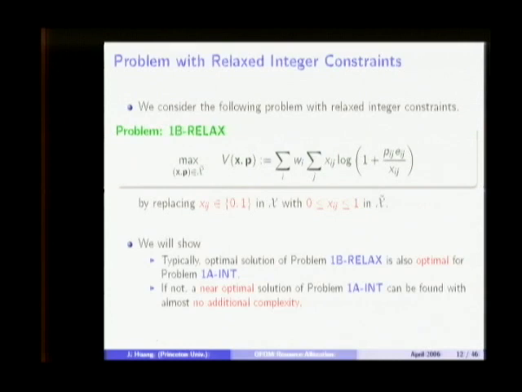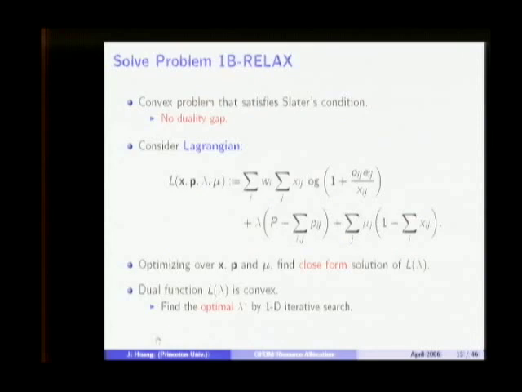Later we'll show that typically the optimal solution of this relaxed problem is also optimal for the original integer constraint problem, which means the optimal solution satisfies the integer constraints. Occasionally that is not the case, and then we can find a near optimal solution of the original integer programming problem with almost no additional complexity. Now, I'll explain what that means.